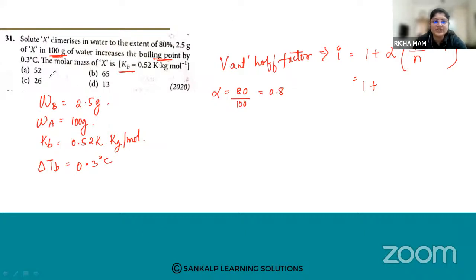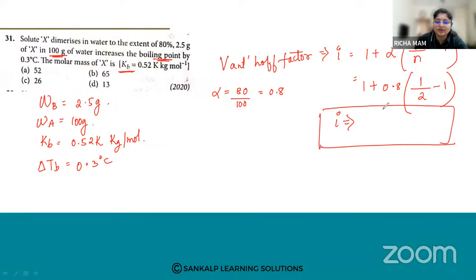There are four options: A 52, B 65, C 26, and D 13. So alpha is 0.8, then 1 by 2 minus 1. Find the value of I now. What is the value of I after solving this?